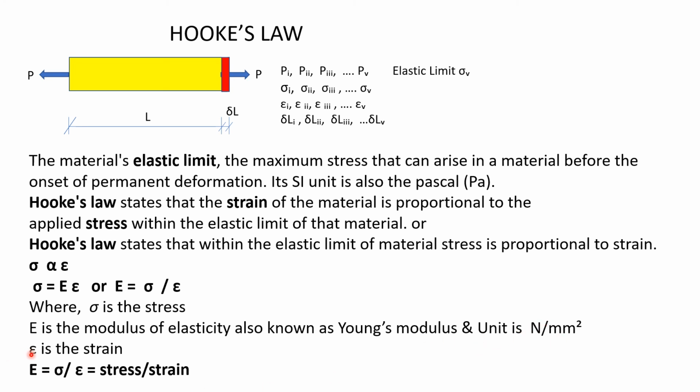And epsilon here is strain. So the basic definition of modulus of elasticity is stress upon strain. This ratio of stress upon strain is the modulus of elasticity, and the stress sigma and the modulus of elasticity both have the same unit.